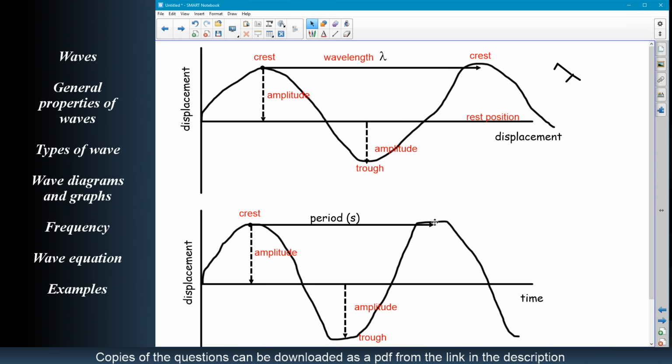In our place, 35 minutes, 30 minutes, or whatever. So the time it takes from crest to crest is called the period, and it gets a special symbol. Instead of getting lambda, it gets big T. Normally little t is used for time, so this is an important time. So big T. All good?